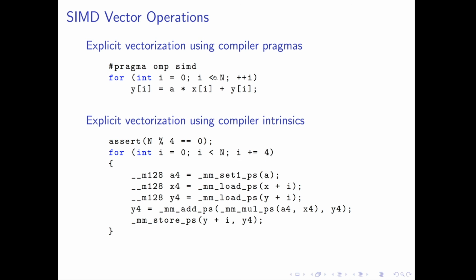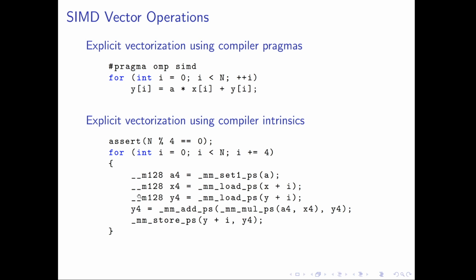And then I cannot use those. I don't have operator overloads for those anymore. So what I'm doing here is using the set intrinsic to initialize this constant with this value a here. And then I'm loading vector contents from memory with the load instructions, with the loadps instruction, the intrinsic that maps to this instruction, and with offsets into memory that tell the intrinsic where to load the data from.